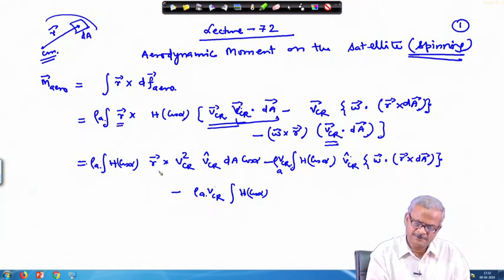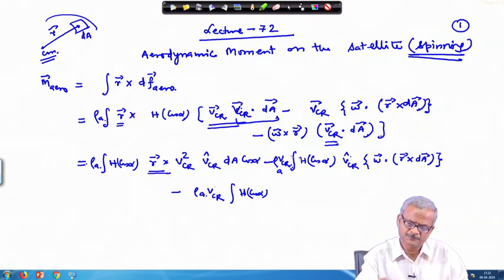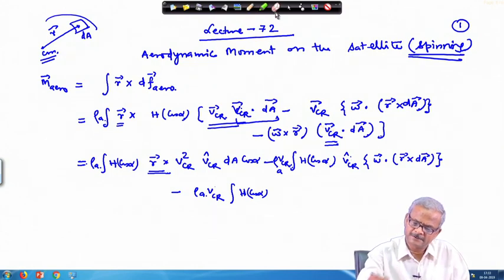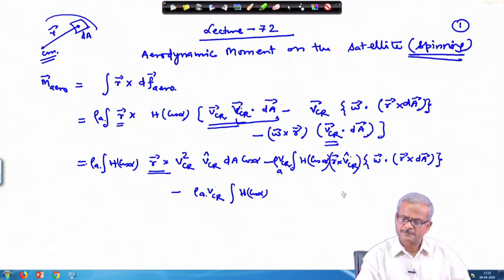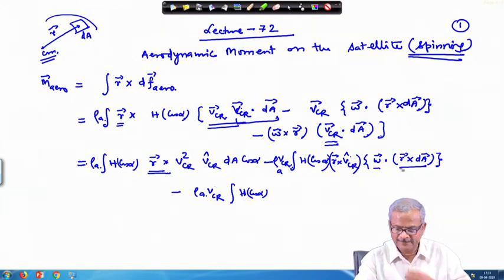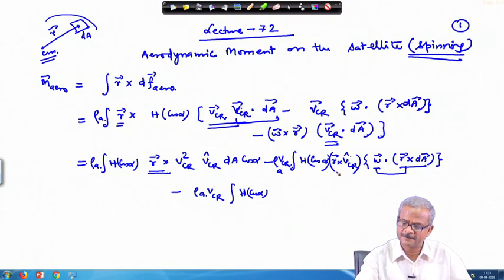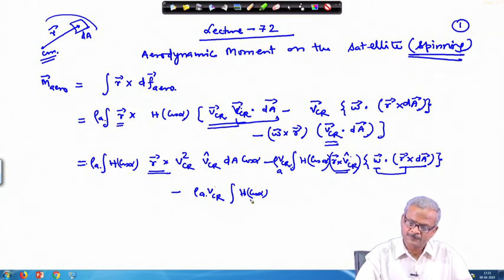This r cross, we have already taken into account here, so this also must be taken care of in this place. That will appear as r cross V_CR, because this part is a vector, this part is a vector, and together it makes a scalar. So this cross product is going to operate only on a vector. Therefore, r cross V_CR.